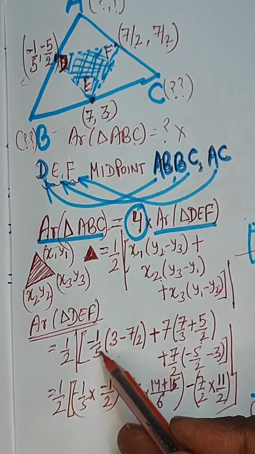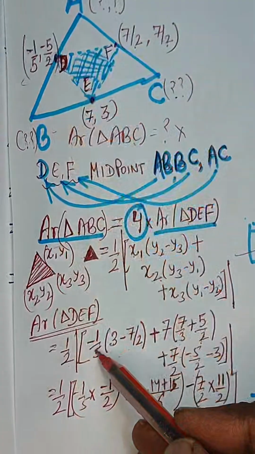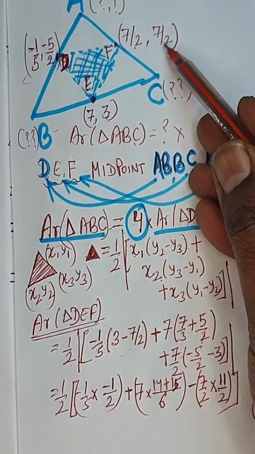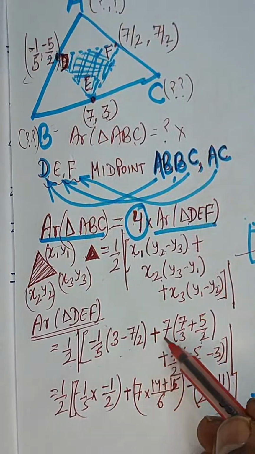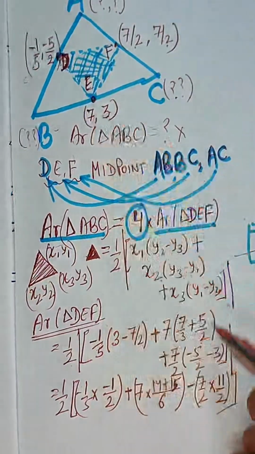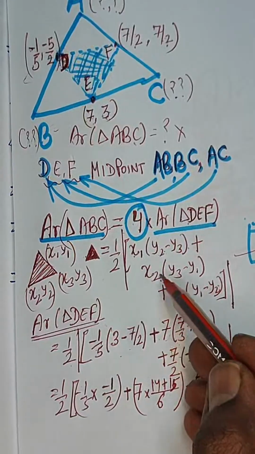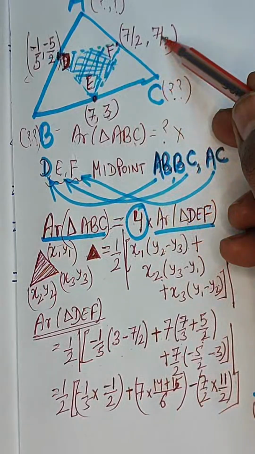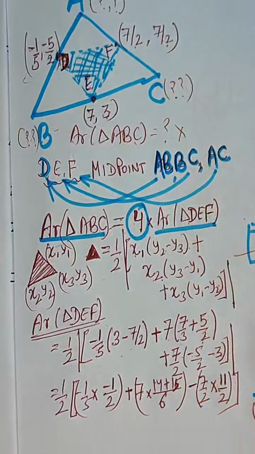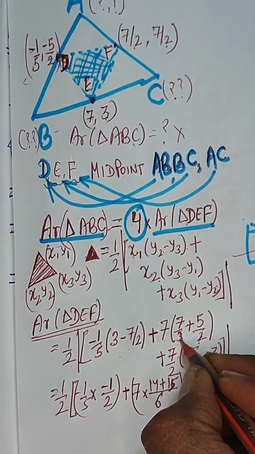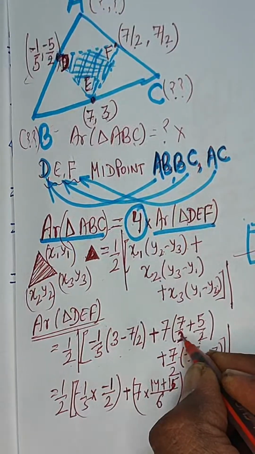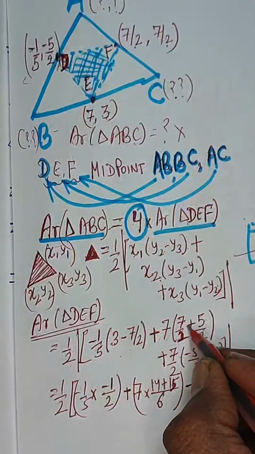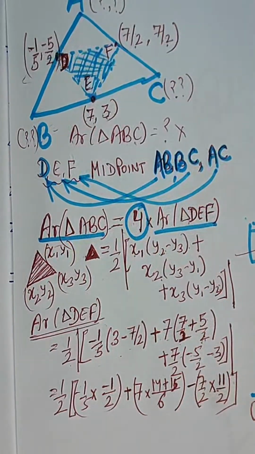Half of x1, that means minus 1 by 5, into y2, that means 3 minus 7 by 2, right? Plus x2, that means 7, into y3 minus y1. y3 is 7 by 2, it's 7 by 2, not 7 by 3. 7 by 2 minus y1, that is minus minus plus, so it will be 5 by 2, right?